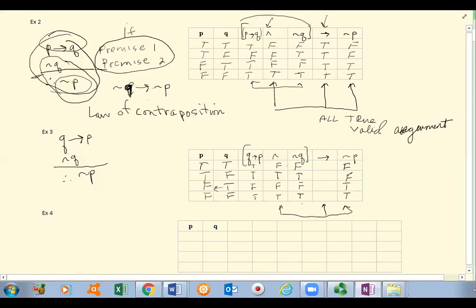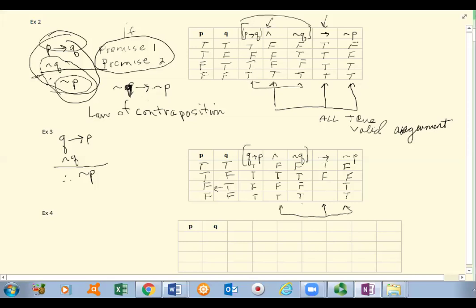So again, we look for a true followed by a false. Here's one here. As soon as you spot that, even just one of these is false, then the argument is already invalid. As soon as you spot one false in our final column. But we can finish it up.